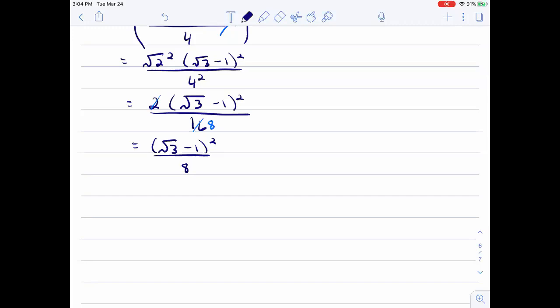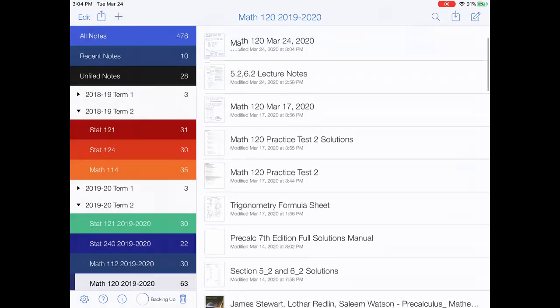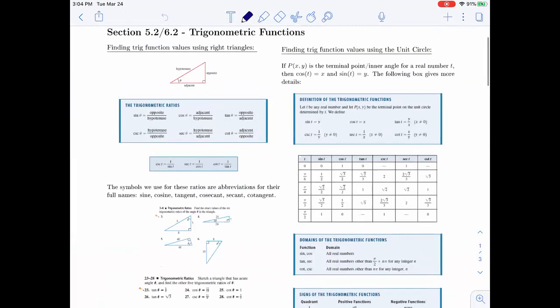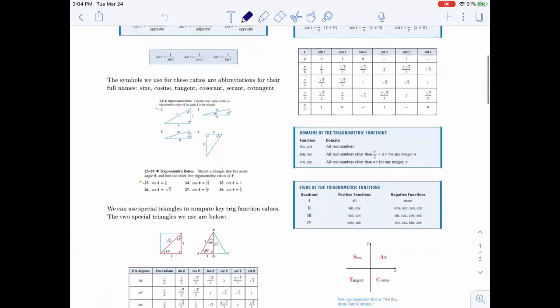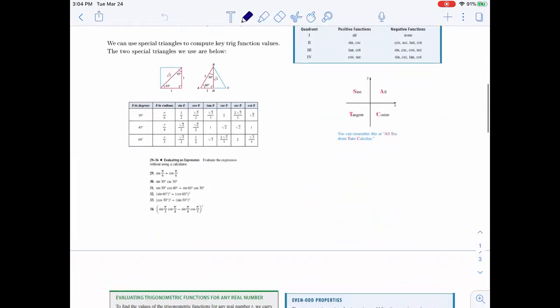I'm just reading through the notes here. Okay. Making sure I don't skip anything too bad. But no, I think we got through all of this pretty well.